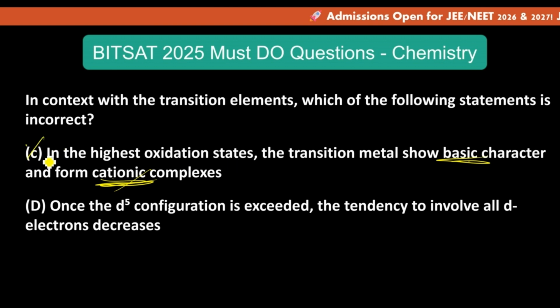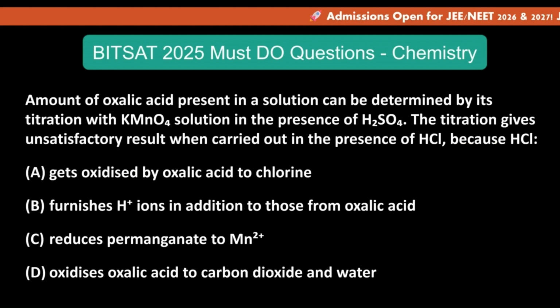So this is an incorrect statement which can be our answer. Then option D, once the d5 configuration is exceeded, the tendency to involve all d electrons decreases. Yeah. So after d5, the pairing energy will increase, right? So it will be difficult to remove all the d electrons. That is true. So option C is your right answer.